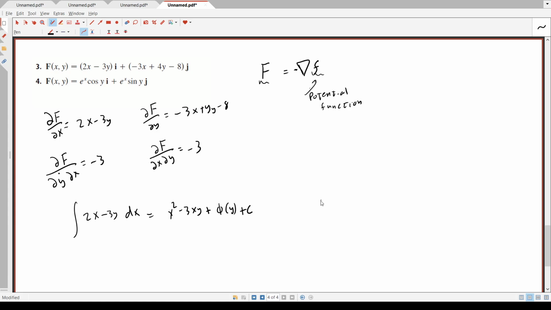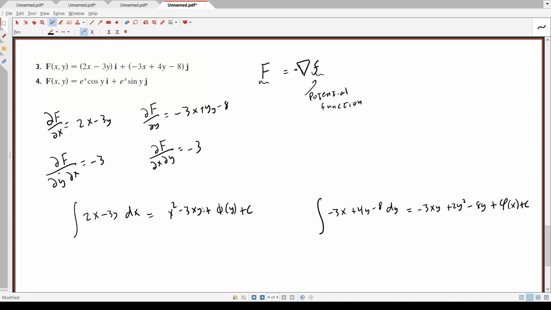Now I do the same thing with the other component, except now I integrate with respect to y. This gives me minus 3xy plus 2y squared minus 8y plus some function of x plus a constant.